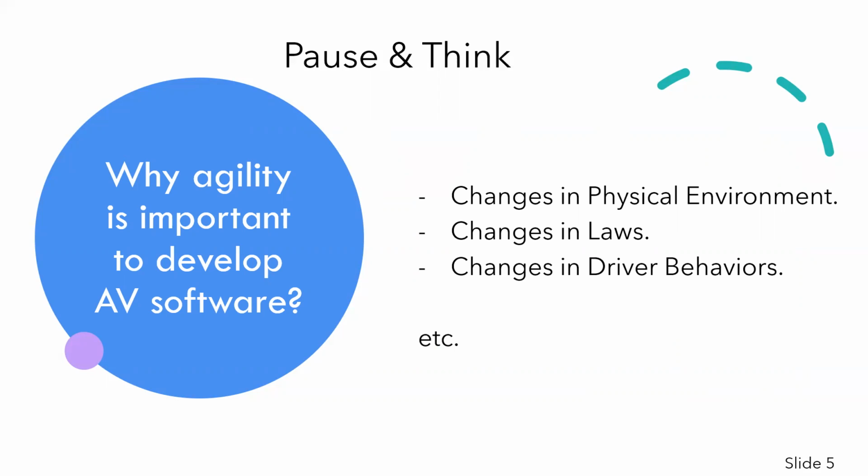Some of the reasons we have to change them can be changes in environment, that is weather and road conditions, changes in laws, that is passing of new laws or amendments to the original ones, and changes in driver behavior. There can be many other reasons for the changes in requirements.